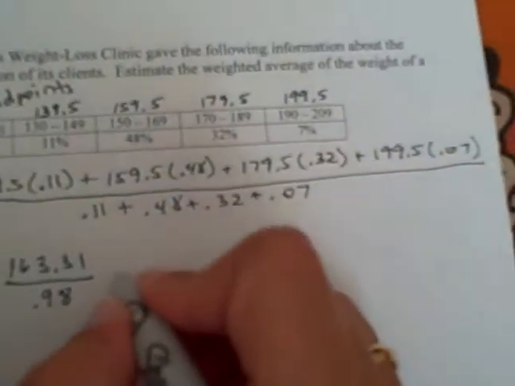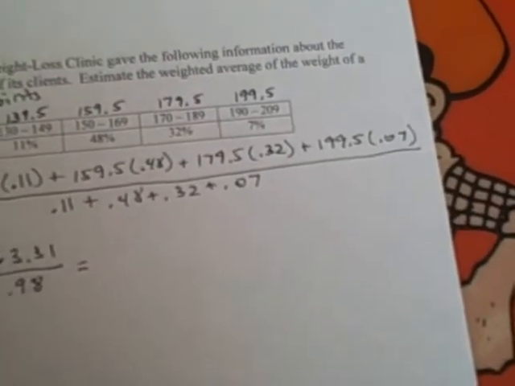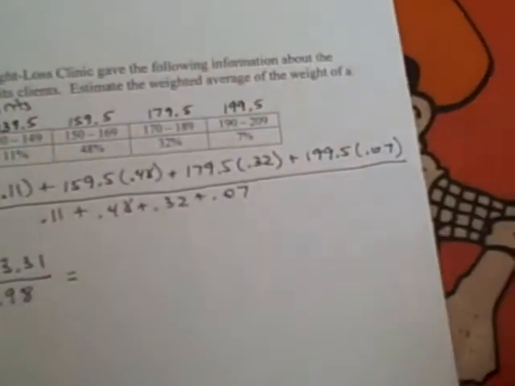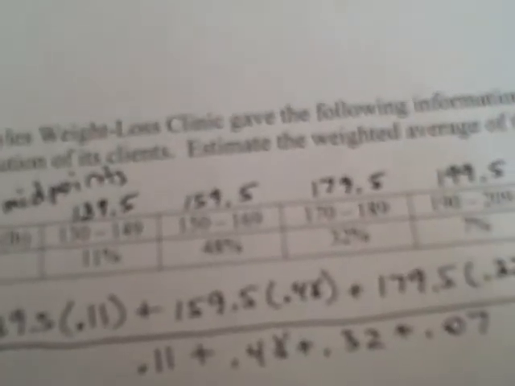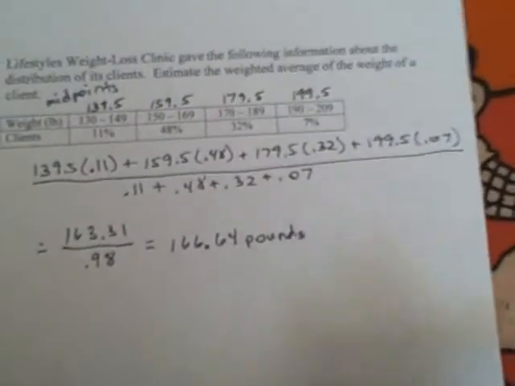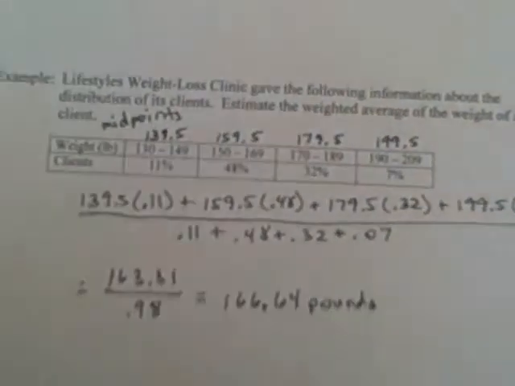So apparently we have 2% somewhere outside of the ranges they're using. And we're going to divide this out. 163.31 divided by 0.98. And we get 166.642, so 166.64. And we're talking about pounds. Does that look kind of like a middle? Looks pretty good. All right, let me know if you have any questions.